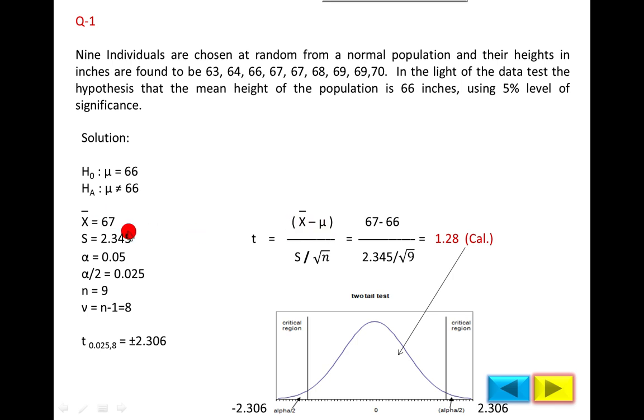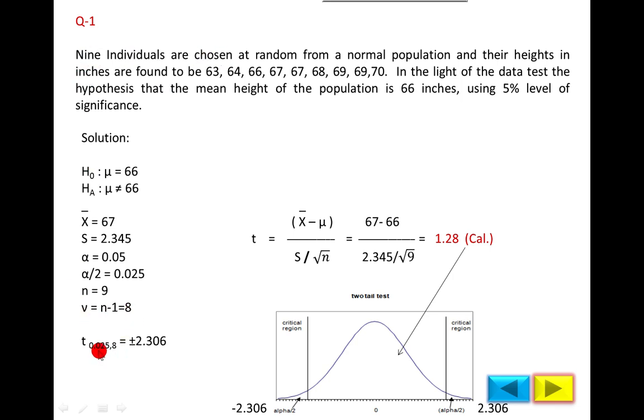So calculate the mean and standard deviation from the calculator. Substitute x bar and mu 66 in this formula; the calculated value is 1.28. Another value is the test statistic with the help of alpha. Alpha is 5% and the notation is not equal to, so we divide by 2: 0.025. Sample size is 9 individuals, so degree of freedom will be n minus 1, which is 8.